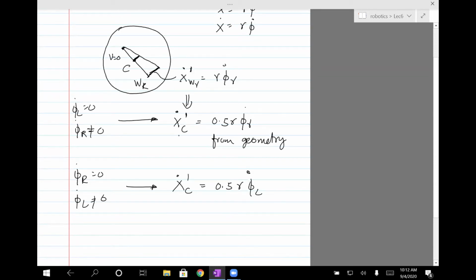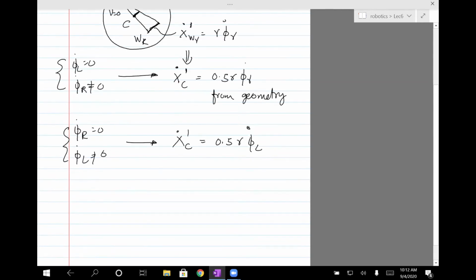Another question: isn't phi dot L 0? This is for the first case, when phi dot L is 0 and phi dot R is not equal to 0. So the velocity of point C is given by this formula. If the opposite is true, phi dot R equals 0 and phi dot L is not equal to 0, then you would have something like this.